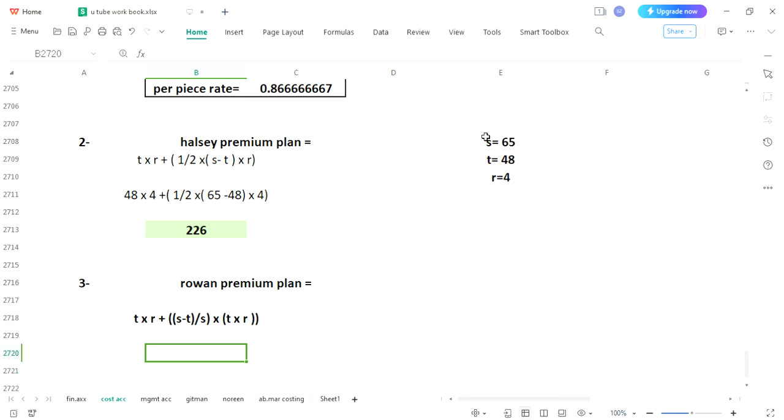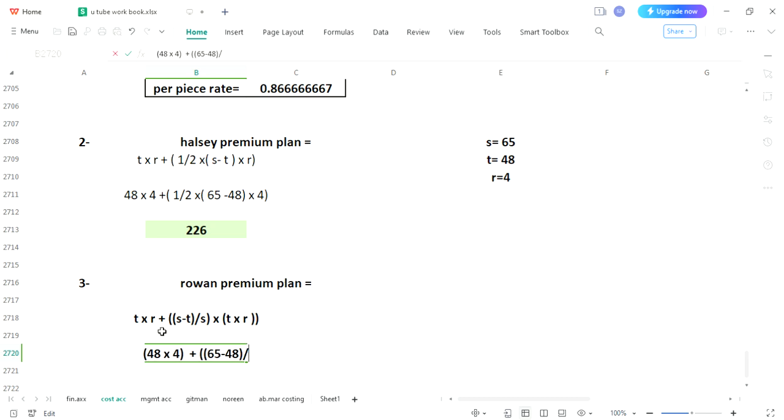We will use the same values which have already been mentioned. What we need is time taken 48, and it would be multiplied with small r, which is 4. Let's put a bracket over here so that it could be separated. Then we need to add, open two brackets, and standard time is 65, and you need to subtract time taken, which is 48, close your bracket, and divide it with standard time.